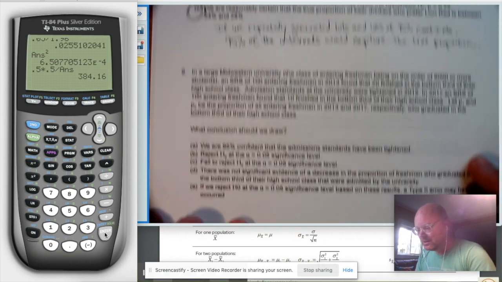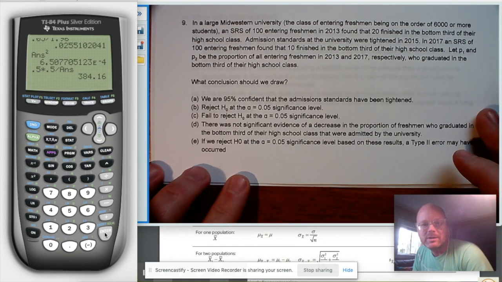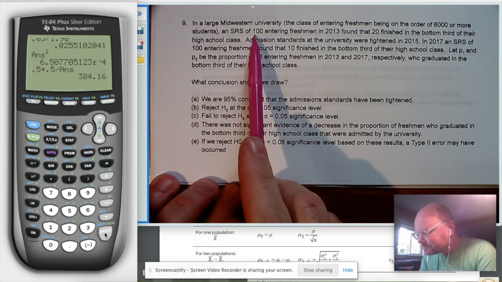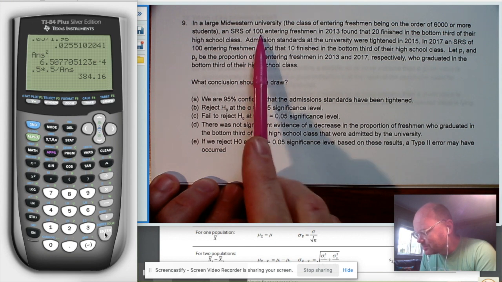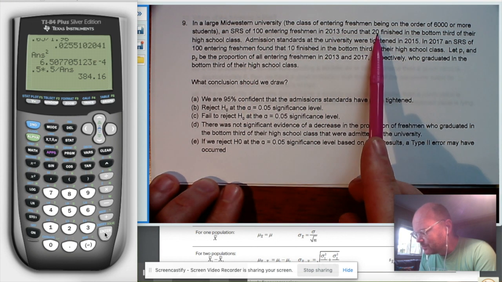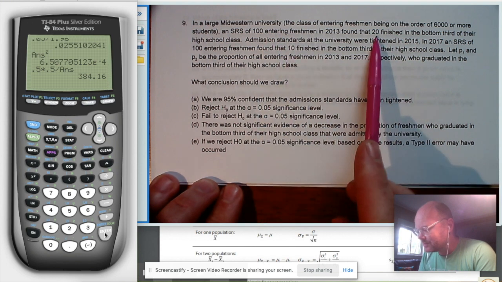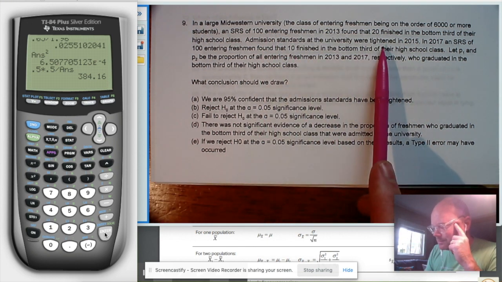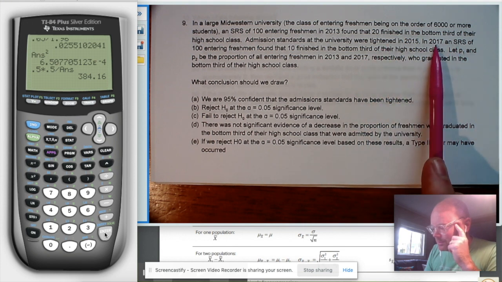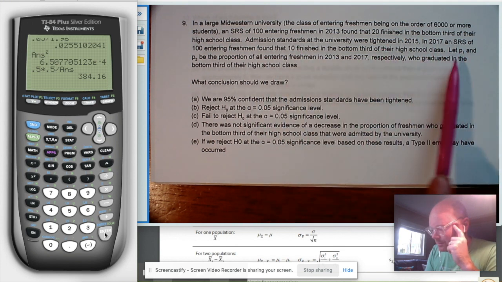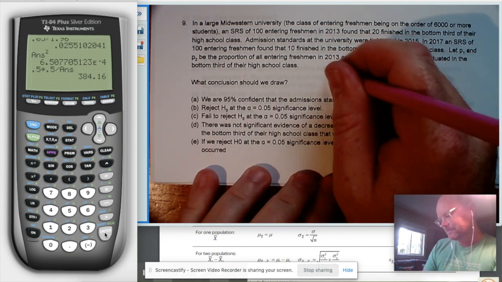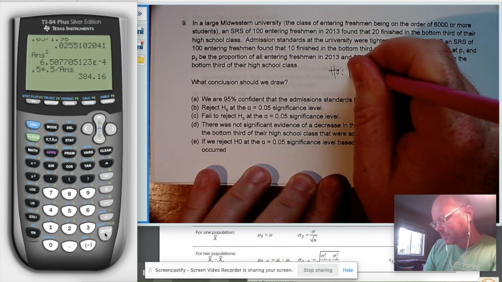All right, number 9. In a large Midwestern university, we took an SRS of 100 freshmen in 2013, and 20 out of 100, 20%, finished in the bottom third of their class. Admission standards were tightened, so a couple years later, 10 out of 100 finished in the bottom third of their class. So is it getting any better?